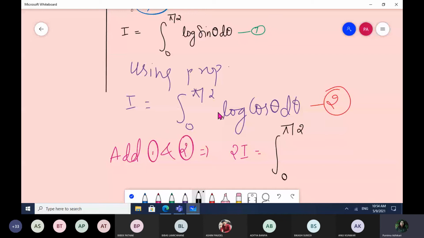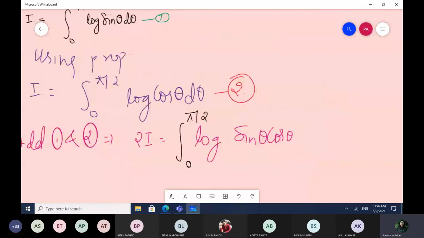What is log sin theta plus log cos theta? Log sin theta plus log cos theta is log of sin theta into cos theta, d theta.